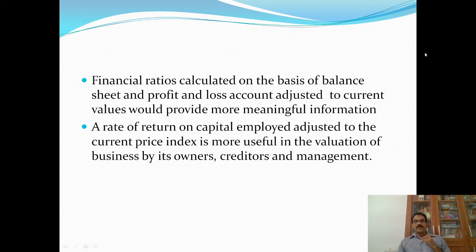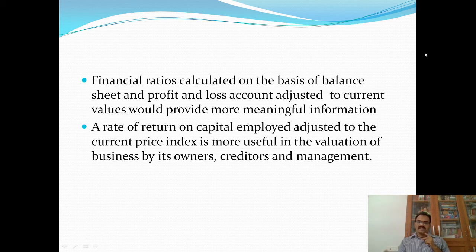The next advantage is financial ratios. We will calculate financial ratios. Financial ratios calculated on the basis of balance sheet and profit and loss account adjusted to current values would provide more meaningful information. All assets are converted using the purchasing power of money and the inventories are also adjusted.